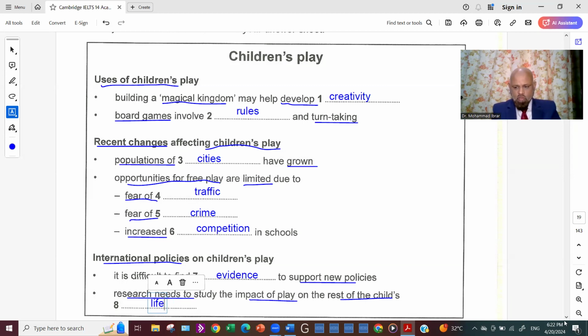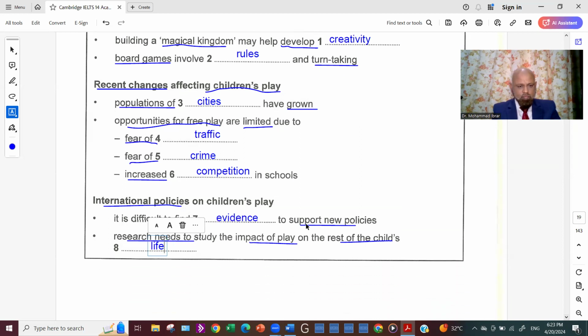So the structure is okay grammatically. And then it's difficult to find proof or evidence to support new policies, and not enough research is done to ascertain whether play has any impact on the rest of the child's life. So it needs to be done to find out.